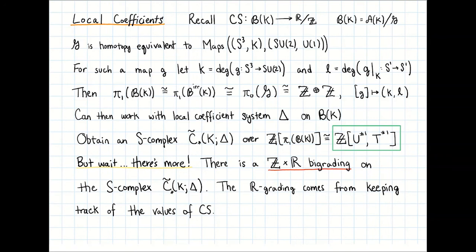And the interesting grading here is the real grading. That's coming from values of the Chern-Simons functional. And the differential d tilde decreases this R grading. This is a very important property, which is really coming from the fact that the energy of an instanton is non-negative.